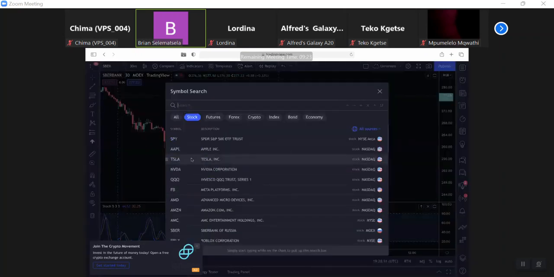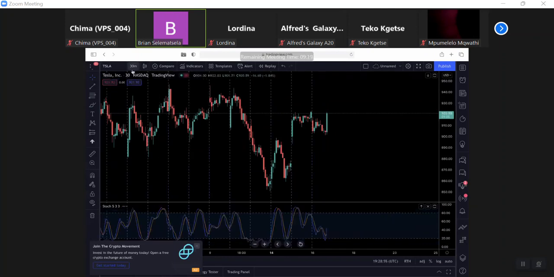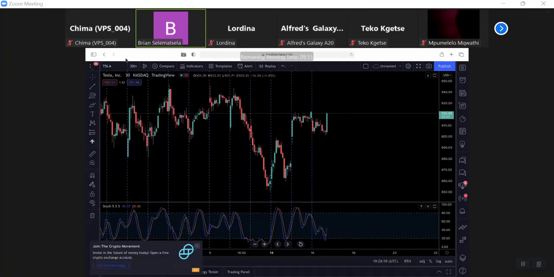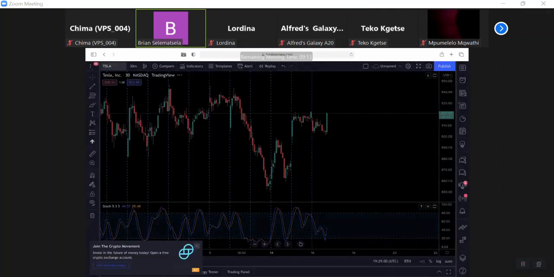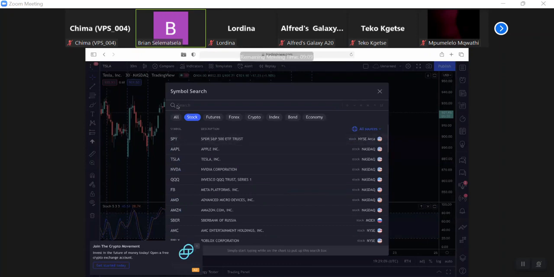But there are stock assets that are very much clear, which you can utilize, and those gaps don't happen all the time.